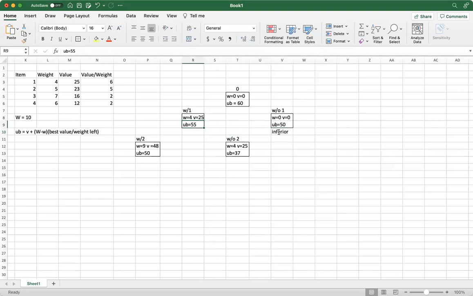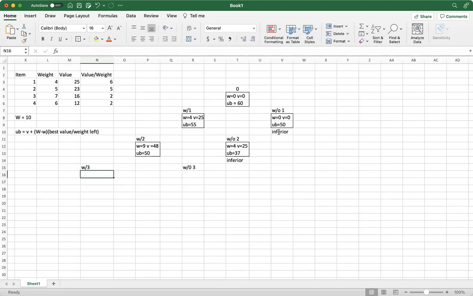It's inferior to this one. Okay, this one is inferior to that one. Okay, so now we're down to with 3 and without 3. Okay, see what that looks like.